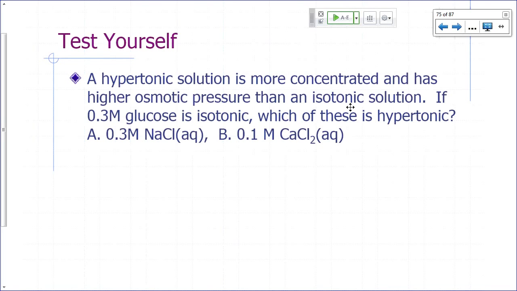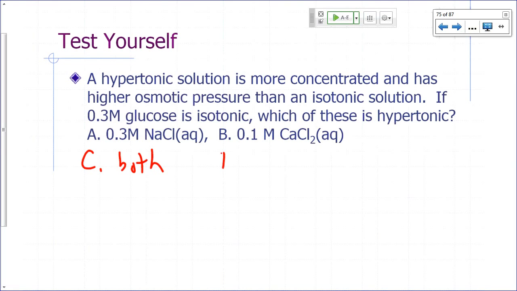Let's try this one. A hypertonic solution is more concentrated and has a higher osmotic pressure. If 0.3 molar glucose is isotonic, remember we calculated it's 0.277, which of these is hypertonic? 0.3 molar NaCl or 0.1 molar calcium chloride? Or let me add 2 choices here.